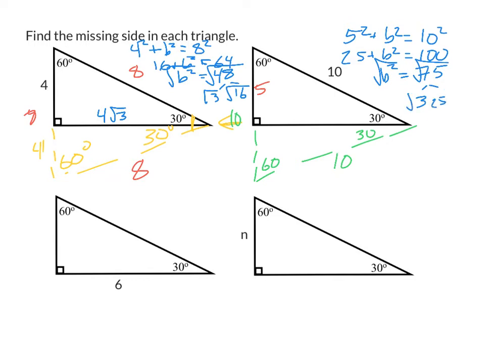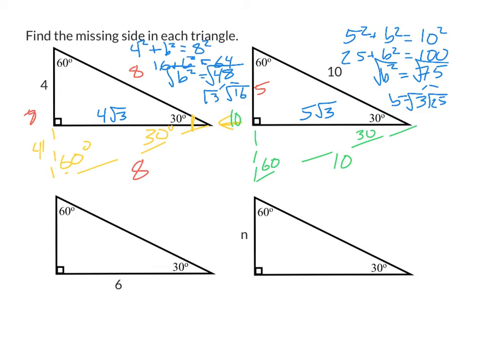If I square root both the 3 and the 25, because 3 times 25 makes 75, and 25 is a perfect square, I'm going to get 5 times the square root of 3. And so once again, there are all three sides. Hopefully you might be noticing a pattern between the short leg and the long leg. Let's try the one on the bottom right now.